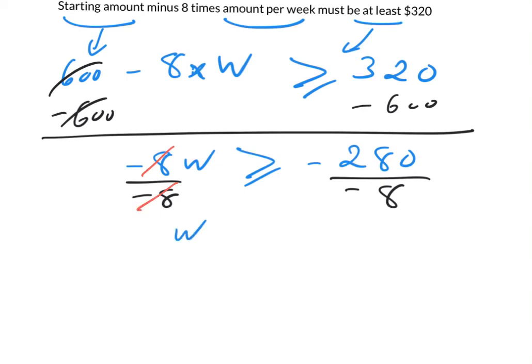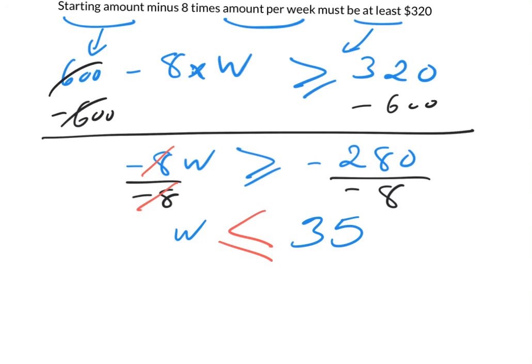We're going to reverse the inequality symbol. So W will be less than, and -280 divided by -8. Negative over negative is positive, and 280 divided by 8 will be 35.